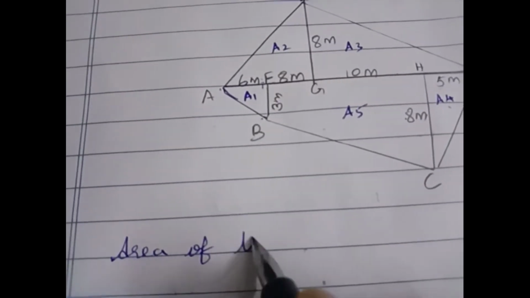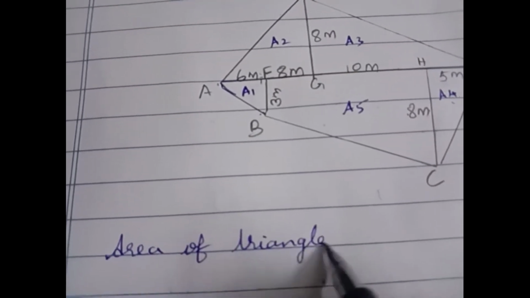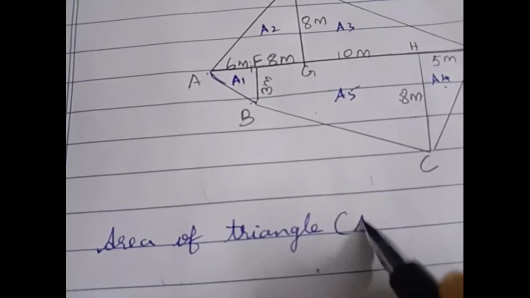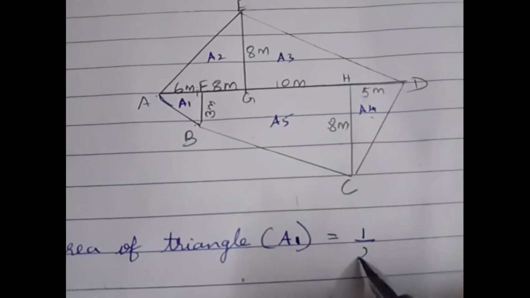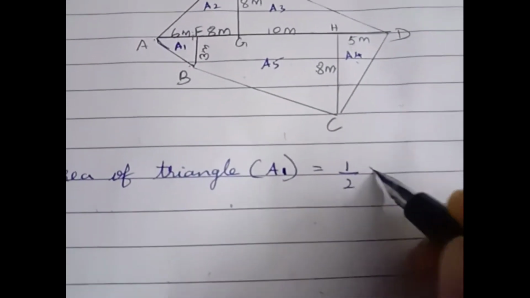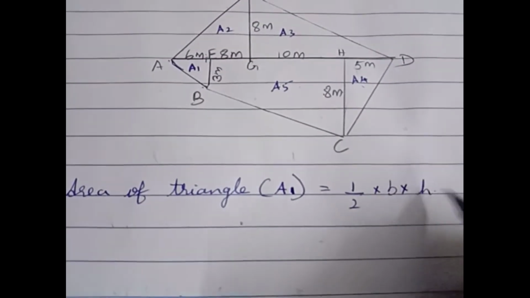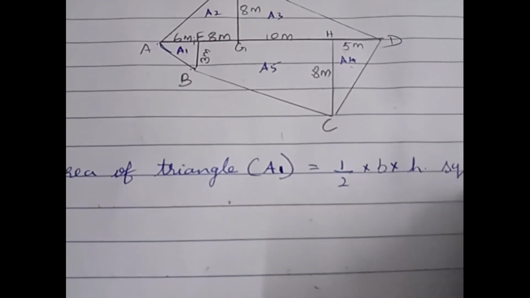if you see the first A1, you can see the shape triangle. Therefore, area of triangle, that is A1, is equal to, you know, area of triangle formula is half into base into height, square unit.